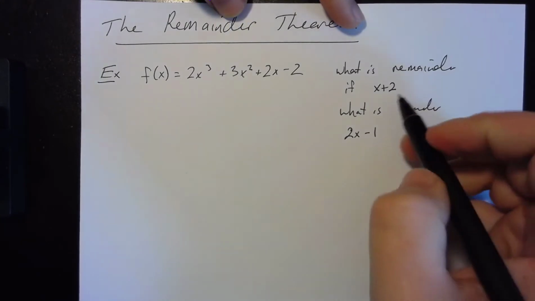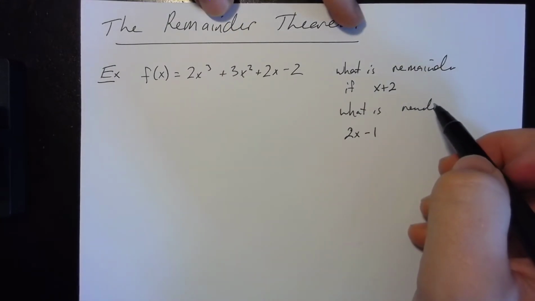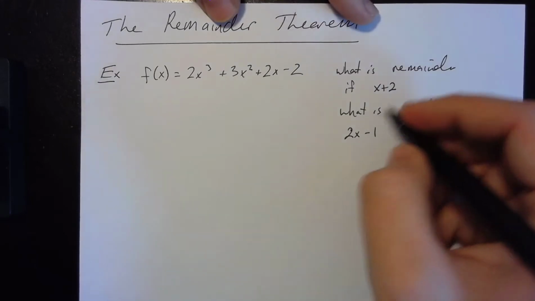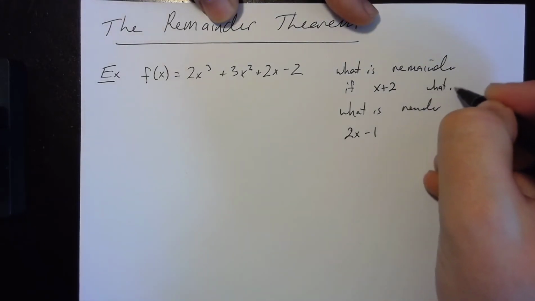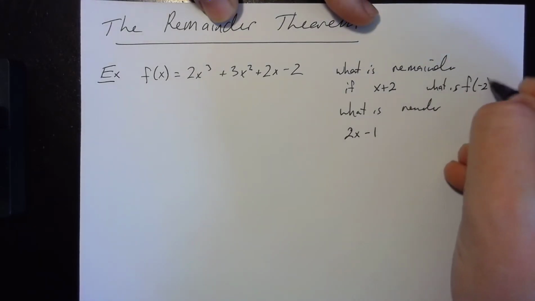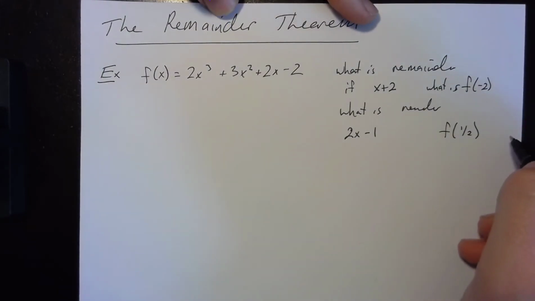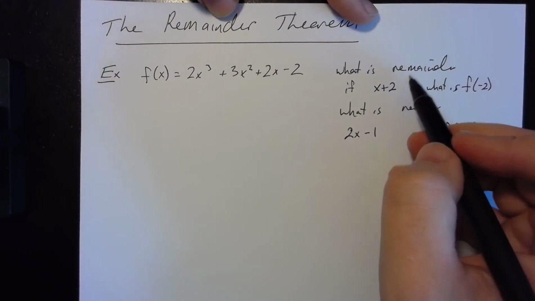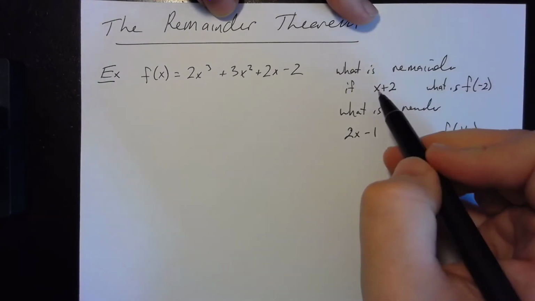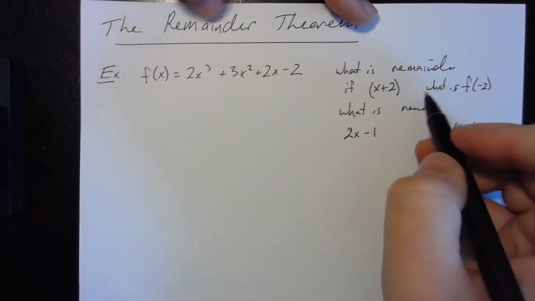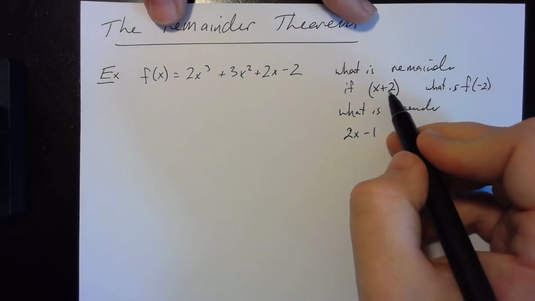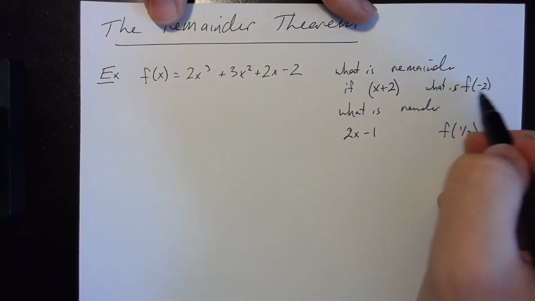Now there is a slight difference between these two, and the question really is, what is f of negative 2? And this question down here is, what is f of 1/2? So again, by identifying the remainder, if I'm dividing synthetically by x equals negative 2, that will tell me what f of negative 2 is.